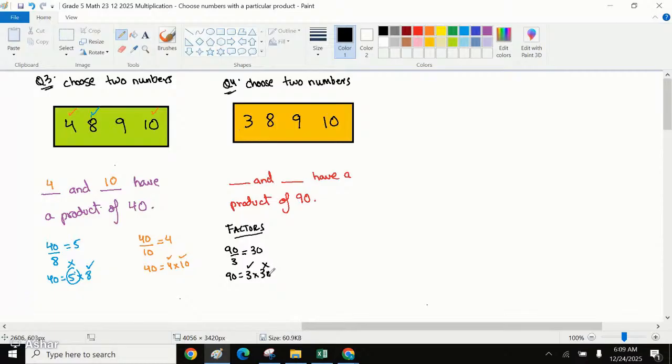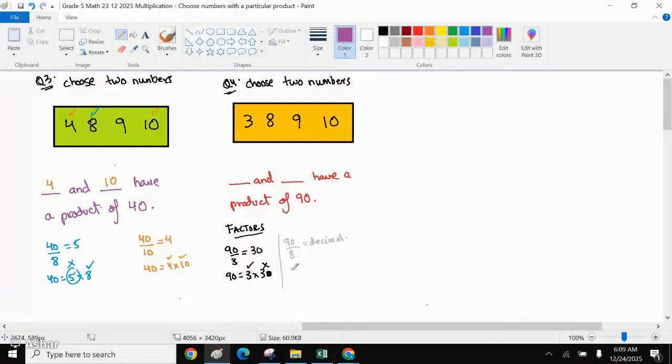Let's look at the second option. Can 90 be divided by 8? That comes out to be a decimal number. So we do not have any decimal numbers in the 4 choices that we have.